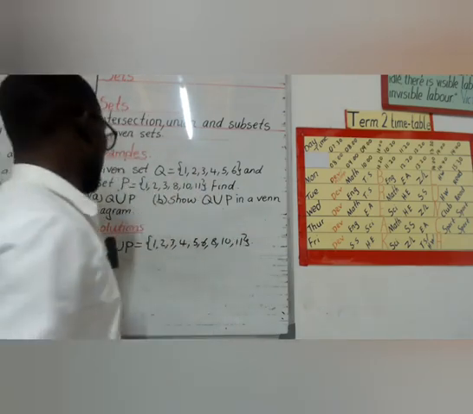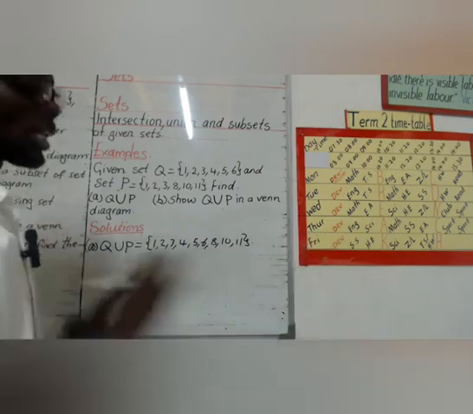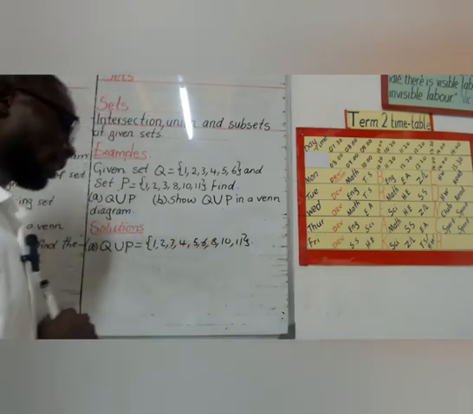So we have listed Q union P. We've put them together. We have answered this question. Don't stress yourself, we are done here. Okay?